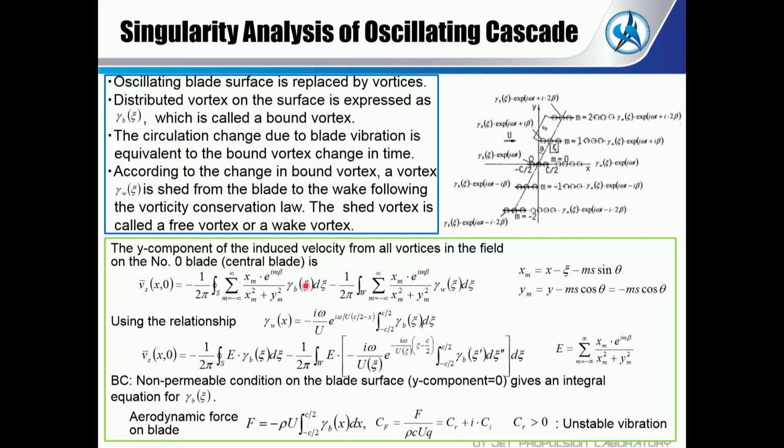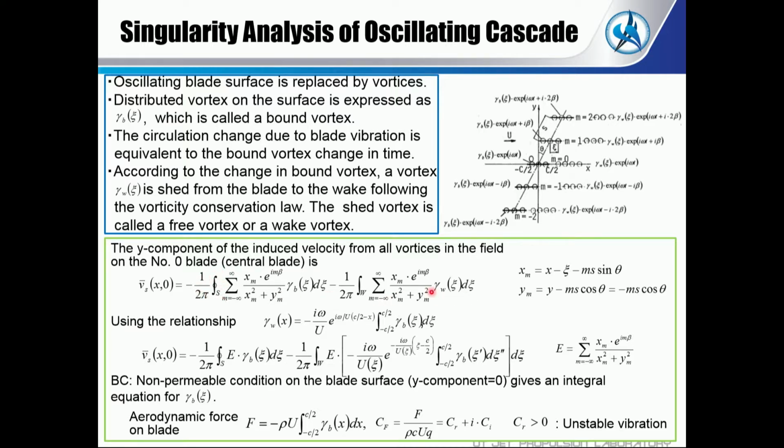Okay, and gamma B is here, and gamma W is here, and the summation is m from minus infinity to plus infinity. So there are infinite number of blades, so we need summation, and the integration of bound vorticity located on each blade is a surface integration on the blade surface.